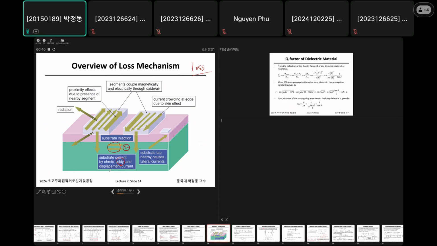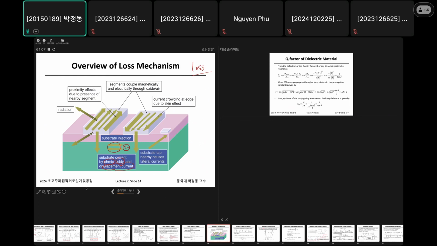The second is displacement current, which is electrically induced current. The third is direct current conduction in the lossy medium. So ohmic, eddy, and displacement currents are all considered substrate loss.